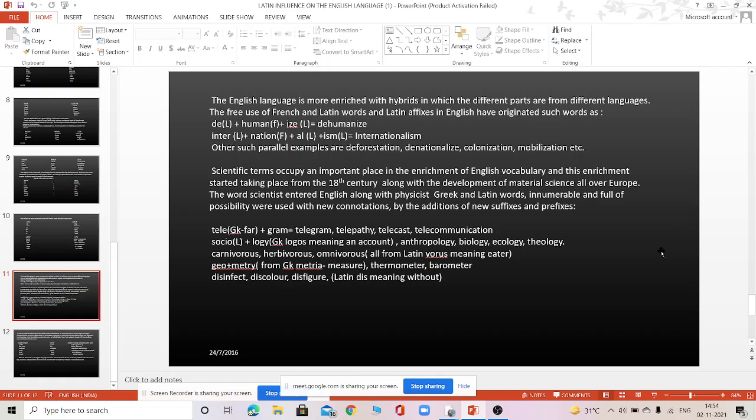So anthro meaning human beings, like that. So all these are of different Latin or Greek origin.